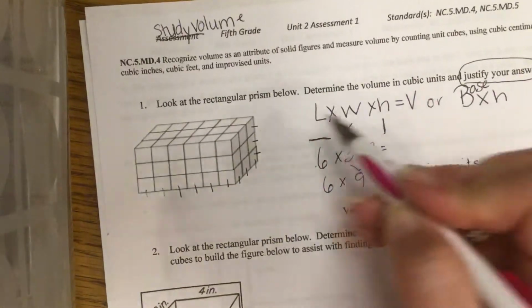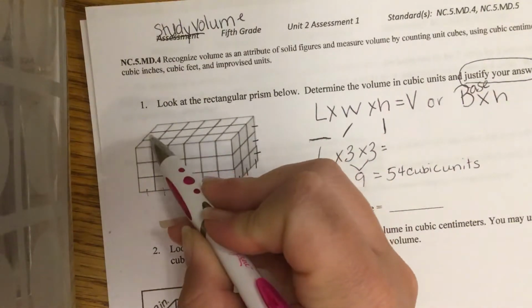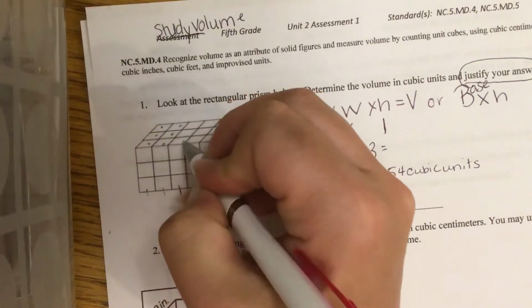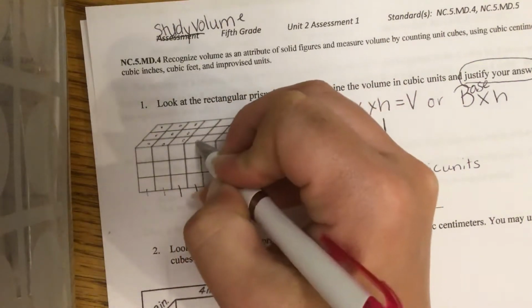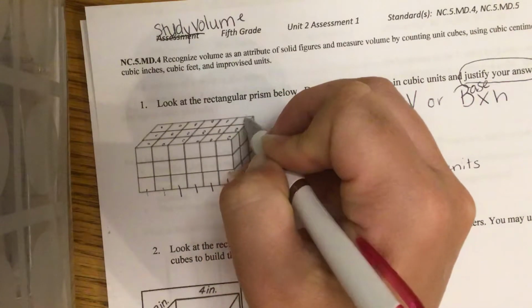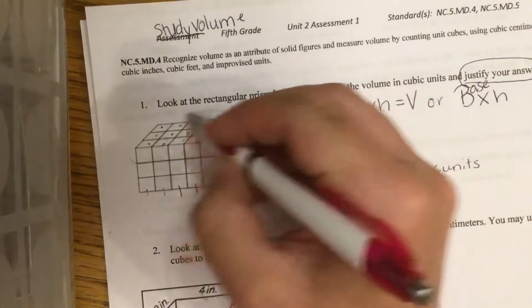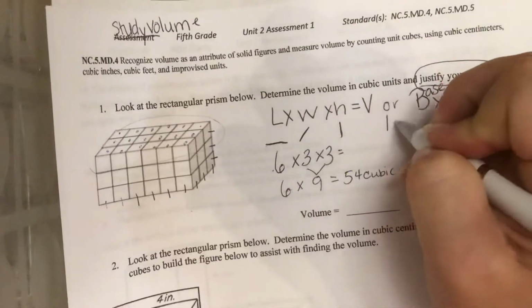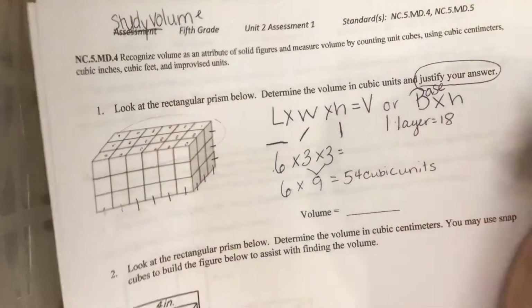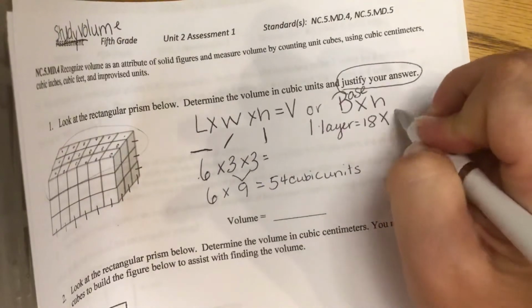But I said there were two ways I could have done it. I could find all of the cubes in the base. Well, the base is the same as the top. So 1, 2, 3, 4, 5, 6, 7, 8, 9, 10, 11, 12, 13, 14, 15, 16, 17, 18. So there's 18 in one layer. So one layer equals 18 times the height.